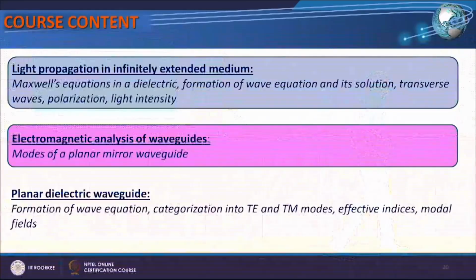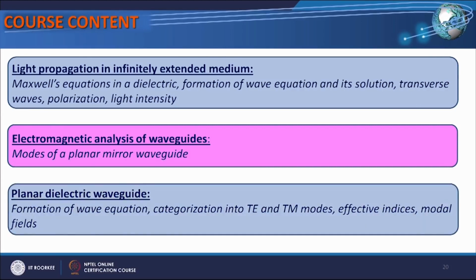So, how light goes through this, and then we will move to planar dielectric waveguide. If we do not put any metal coating or silver the top and bottom of this kind of a structure, then also it can guide light. This is planar dielectric waveguide.